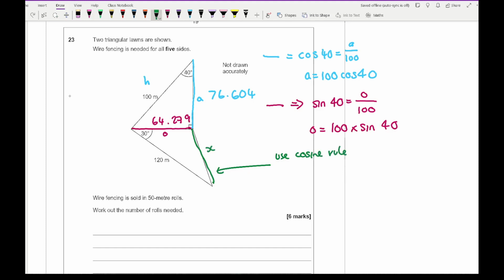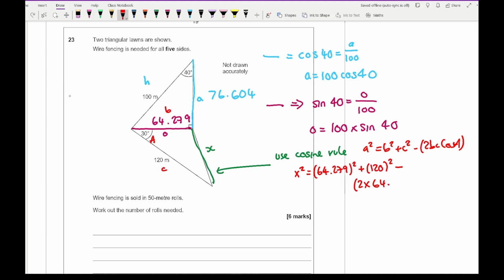Now if I'm going to call this x, so we know that this is therefore going to be my B, this is going to be my C, and this is going to be my capital A. So using the cosine rule, which is A squared equals B squared plus C squared minus 2BC cos A, we get that x squared equals 64.279 squared plus 120 squared minus 2 times 64.279 times 120 times cos of 30.